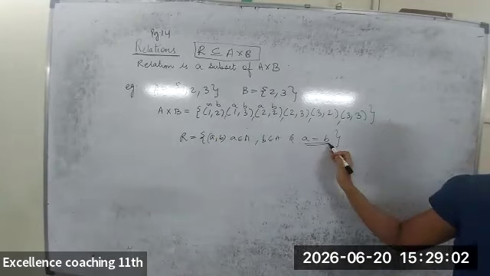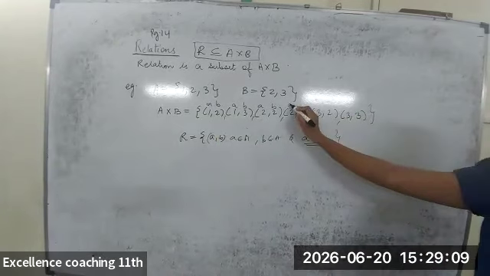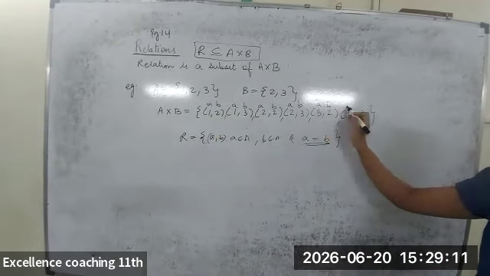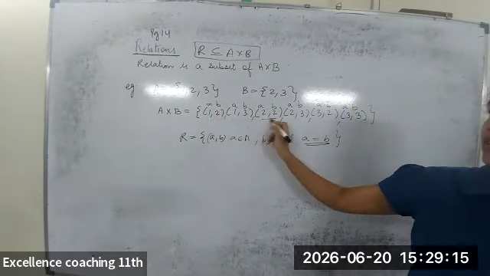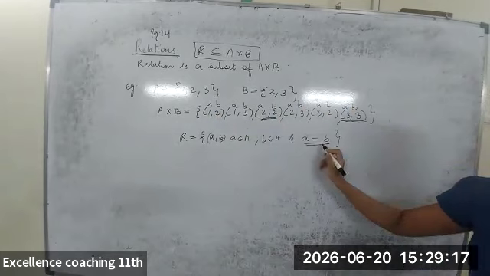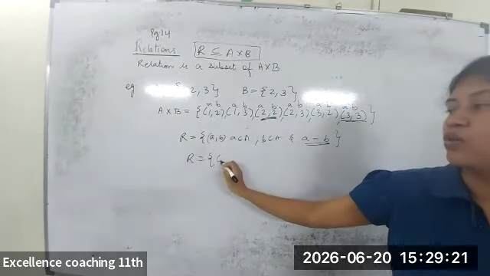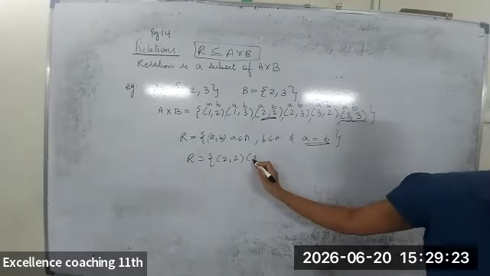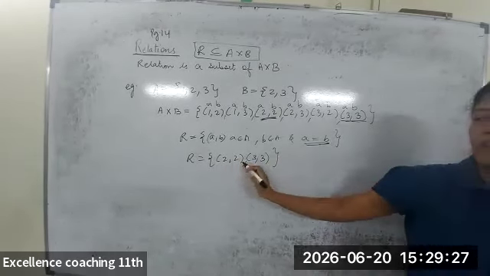So this relation we have to find out of the Cartesian product where a is equal to b. So we have to pick only those pairs where a is equal to b. So you cannot take this, because a is less than b here. So this one and this. So this is the relation. So R will be what? (2, 2) and (3, 3).